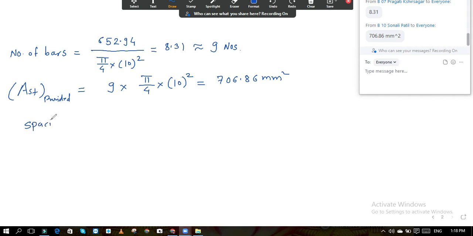Spacing is equal to area of single bar divided by Ast provided, into width, which in this case is 1000.